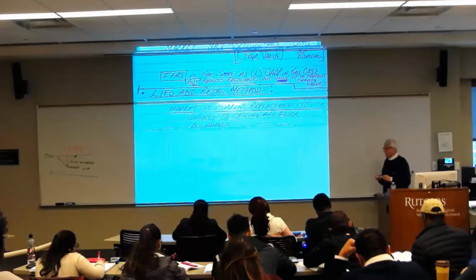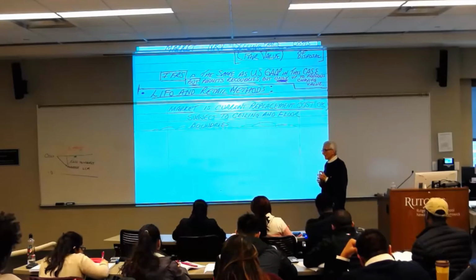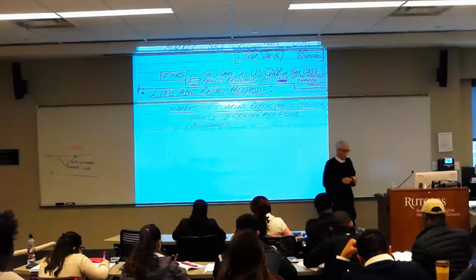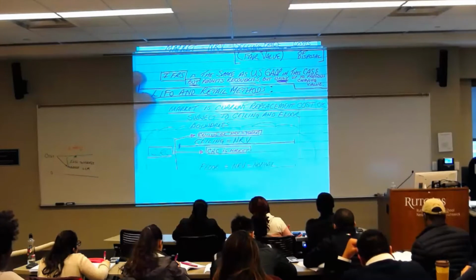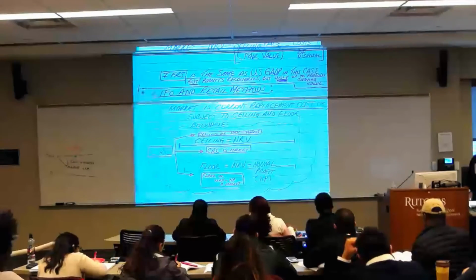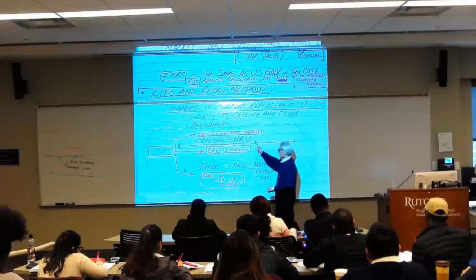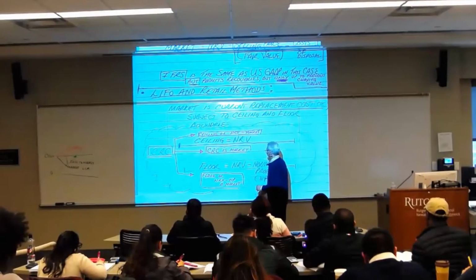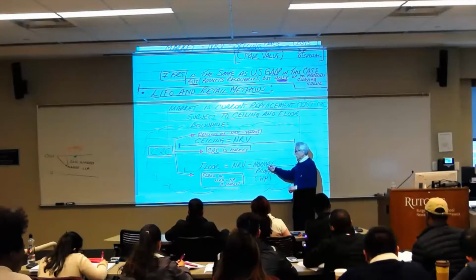So what happens when we use current replacement cost, we build a ceiling and floor. Now let me draw this out for you. I'm going to put it on the board as well. The ceiling is net realizable value. The floor is something called net realizable value minus normal profit.